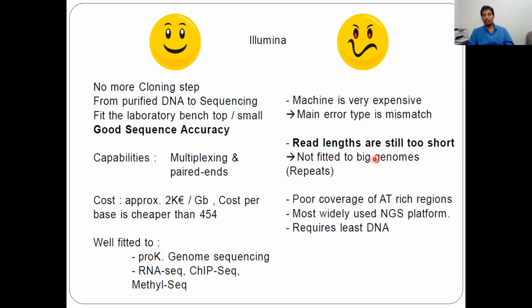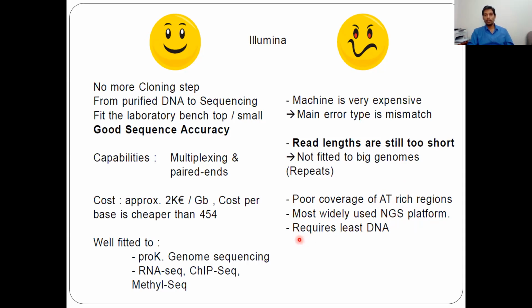Read lengths are still too short. This also does not really need modification, but it is still short, because you can get 300, but Sanger can go up to 1000. Poor coverage of AT-rich regions: if you have too many A's and T's in the same region, sometimes it has some problem.